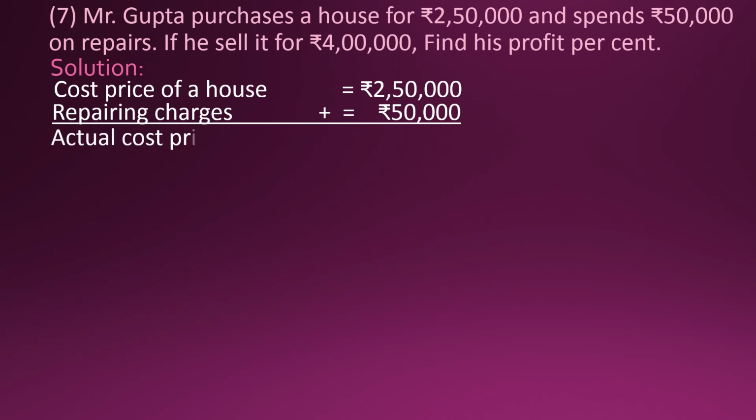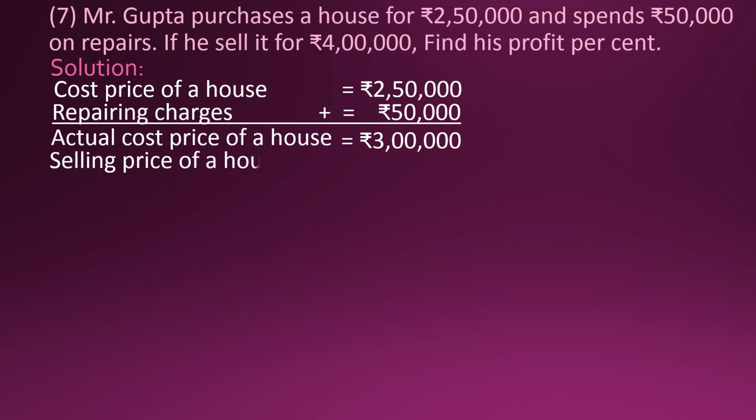So actual cost price of a house is equal to, do the addition, rupees 2,50,000 plus rupees 50,000, we get rupees 3 lakh. So actual cost price of a house is equal to rupees 3 lakh and selling price of a house is equal to rupees 4 lakh and profit percentage we have to find out.